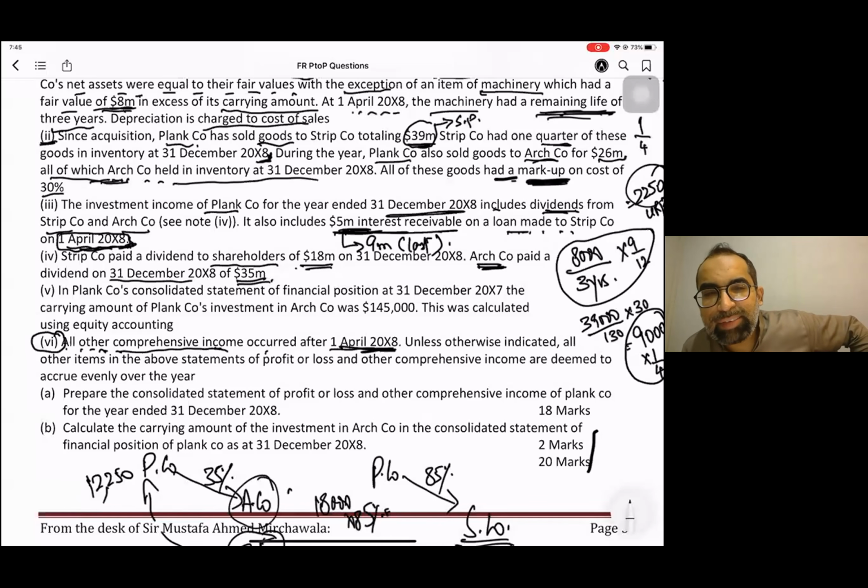So this revaluation gain of 3,000 belongs to the pure last 9 months. So no need to apportion, just take the complete 2,800 and complete 3,000 in all calculations. Okay.